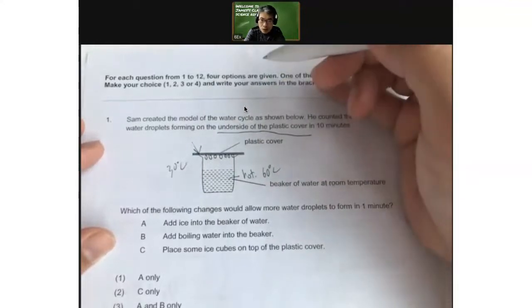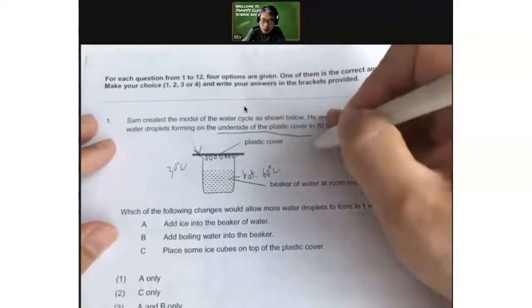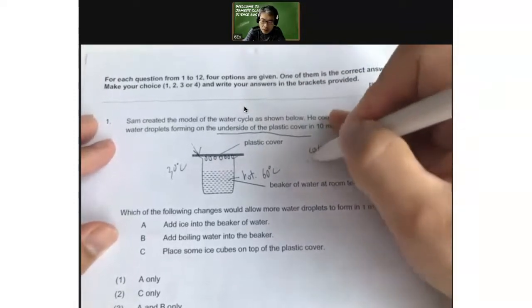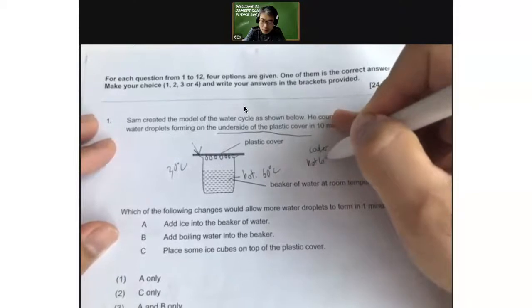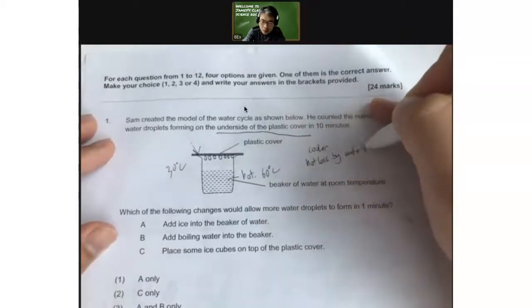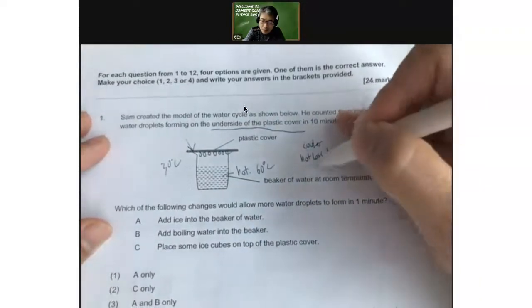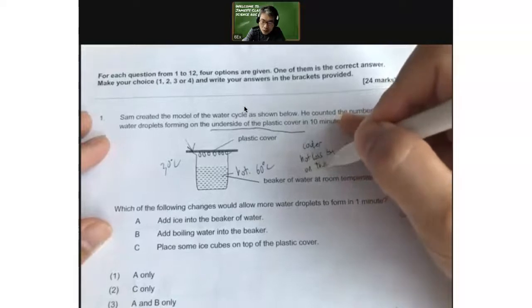As you know, condensation happens on the cooler surface. The idea of a cooler surface allows for heat loss by the water vapor. So heat loss by water vapor on the cooler surface.